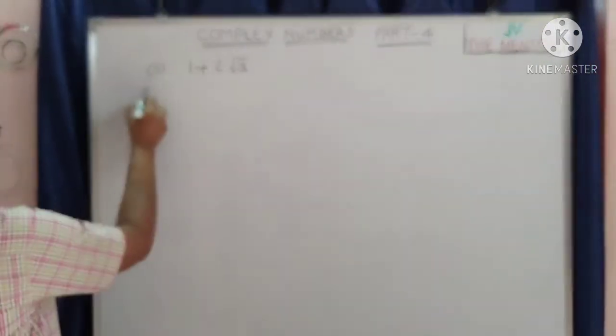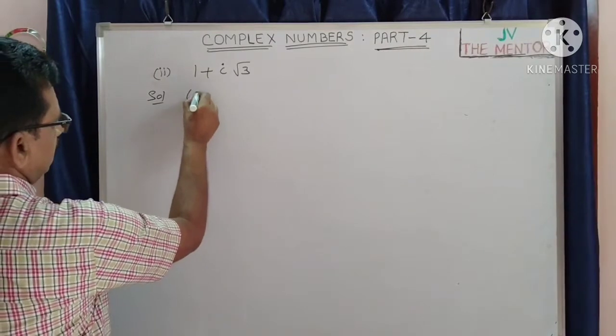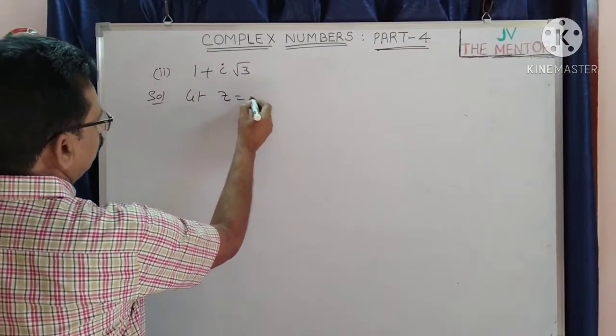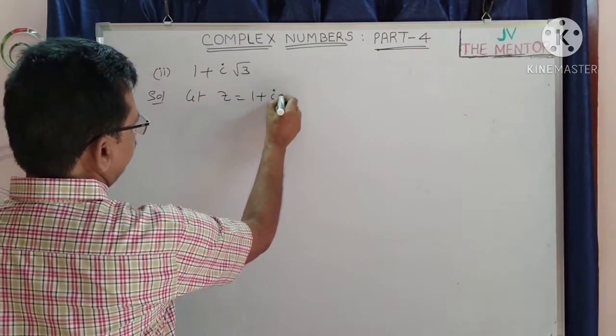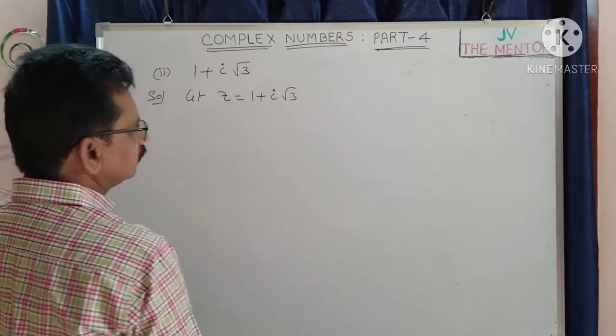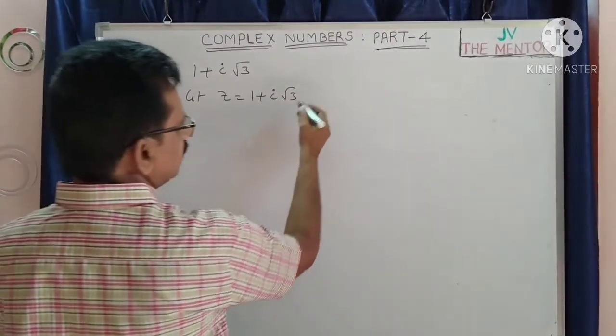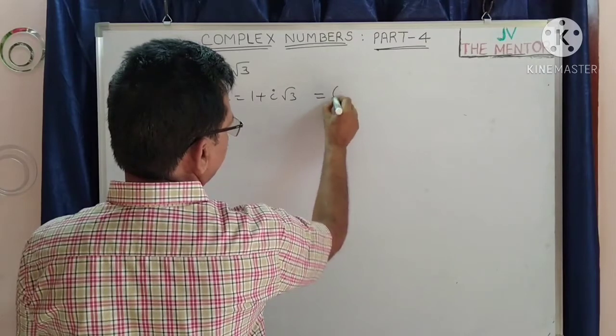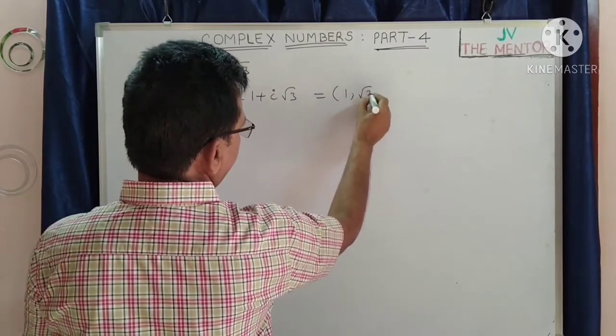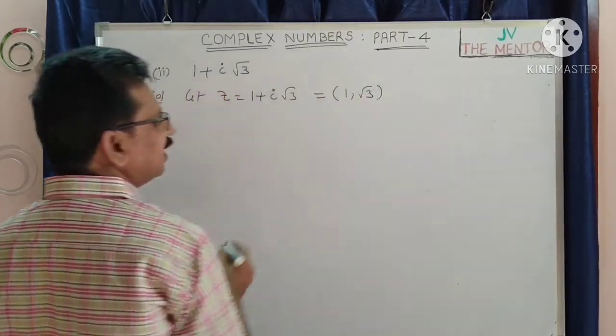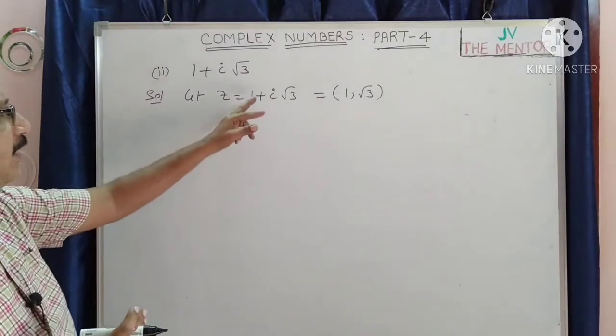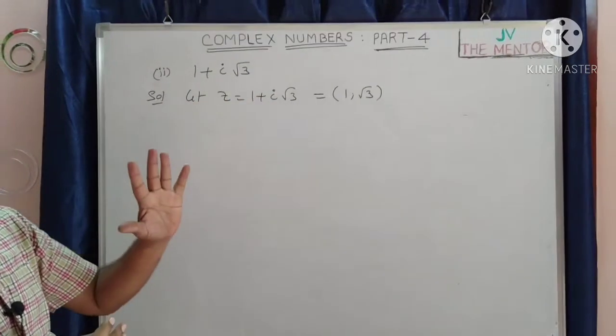Solution. Let z equal to 1 plus I root 3. It is in ordered pair form. What is the ordered pair form? 1 comma root 3. Here a is 1, b is root 3.